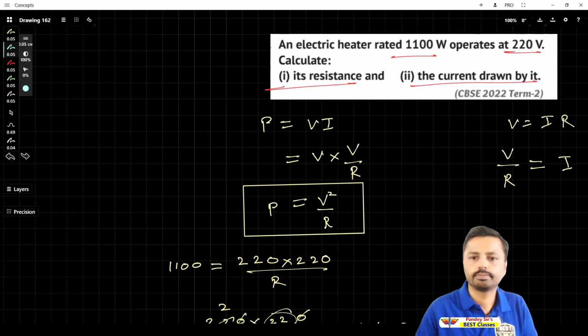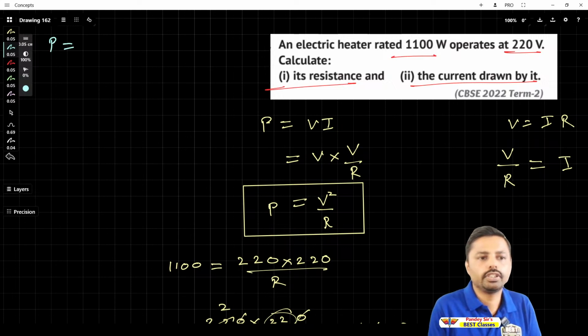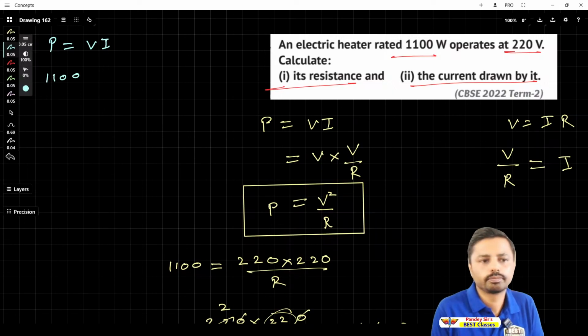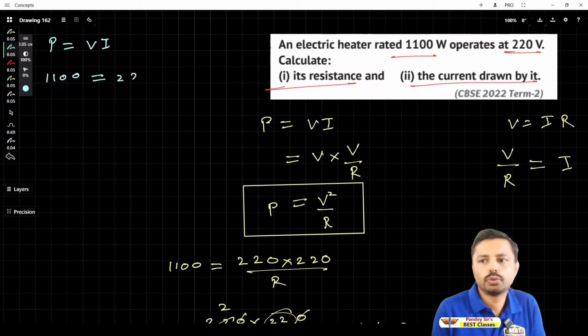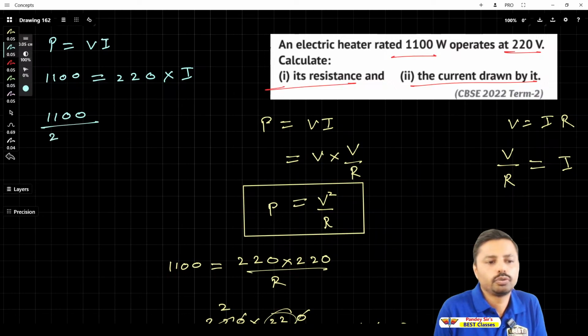P equal to VI, that's 1100 equal to V, which is 220, into I. Now 220 goes to the other side and we get 1100 by 220 equal to I. Again the zeros cancel, 11 by 22, so we get 1 by 2, and 10 by 2 gives 5.